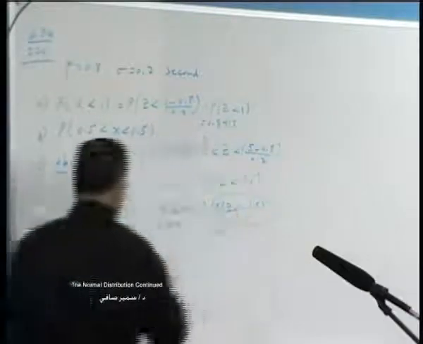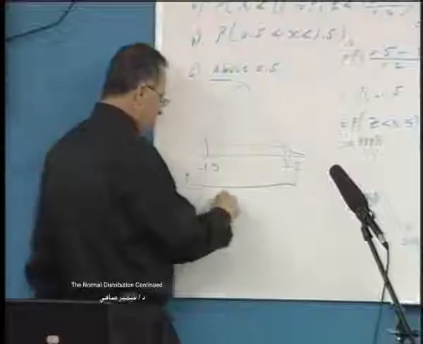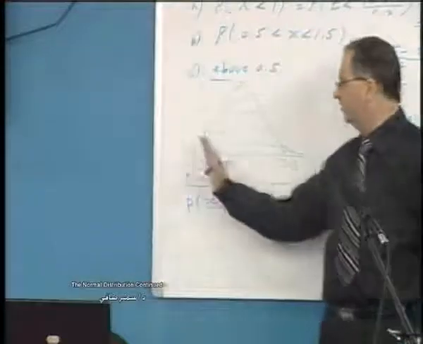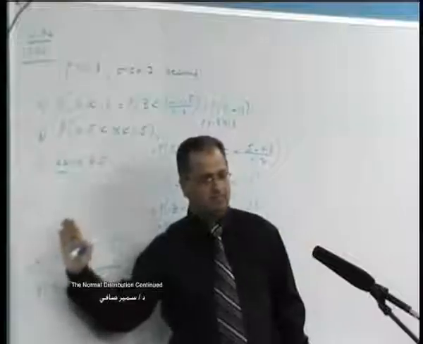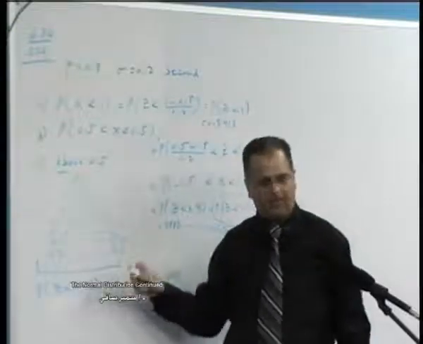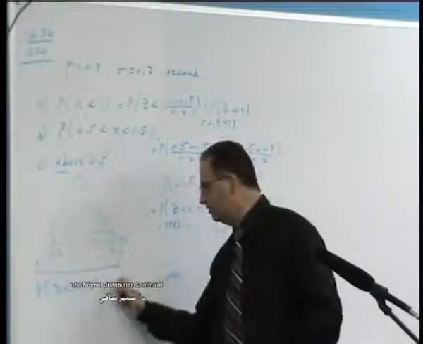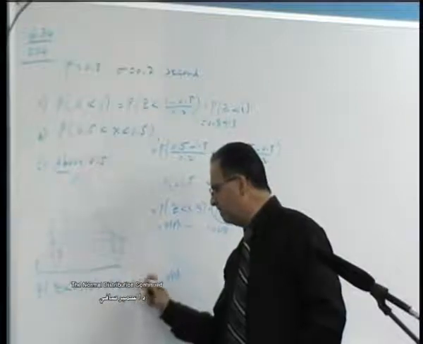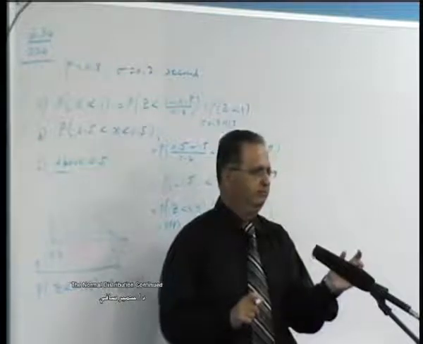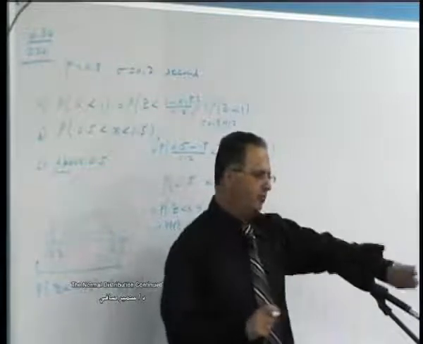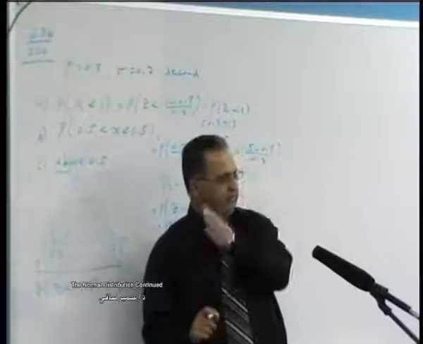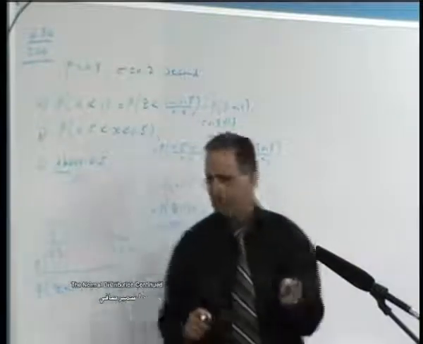P of z less than negative 1.5: the area to the left is the same as the area to the right of the same value but positive, so this equals P of z greater than 1.5, because of the symmetric distribution.